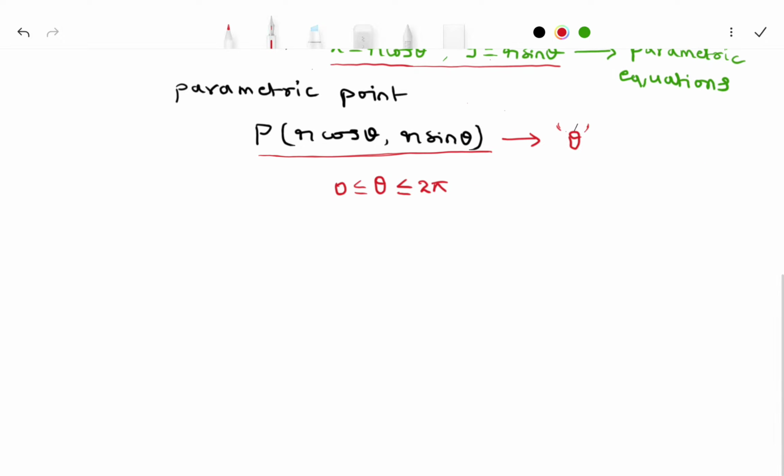Suppose you take the center as h comma k and the radius is r. Then what will be the parametric form?